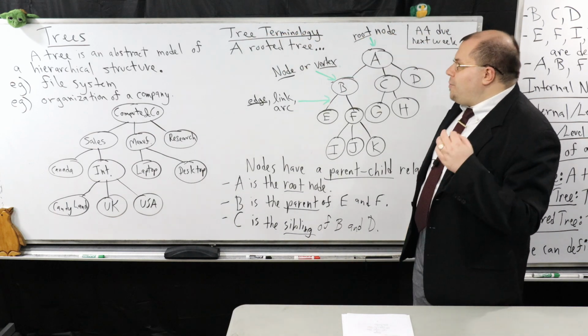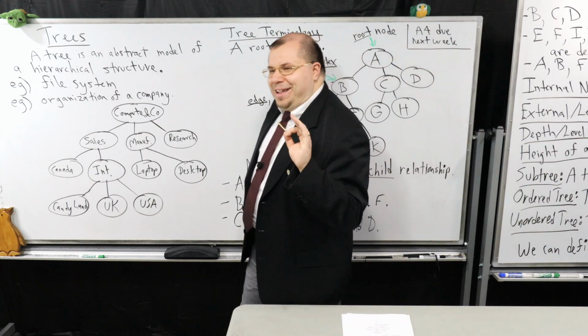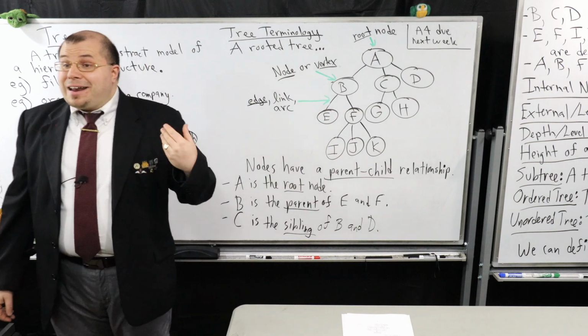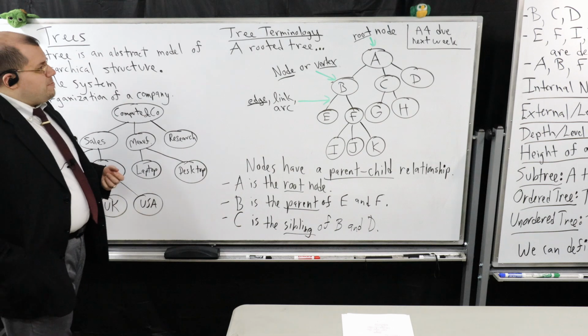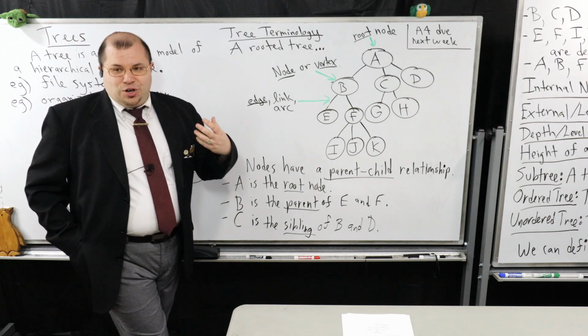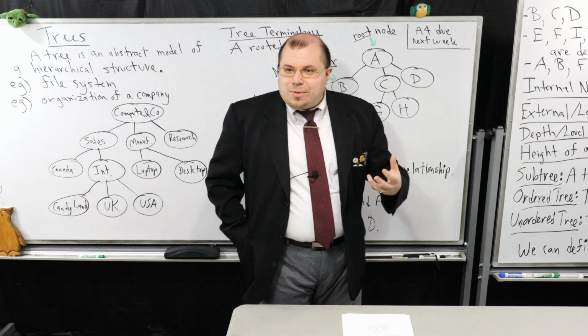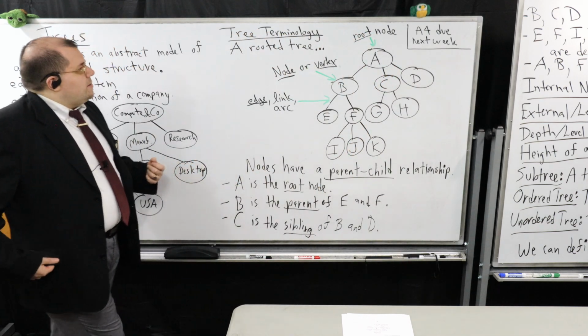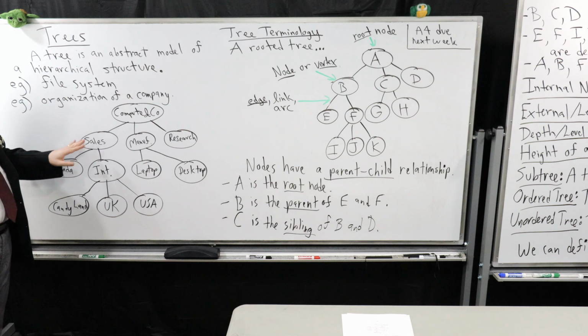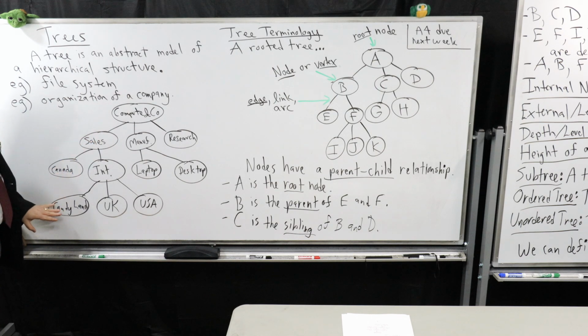So I want to talk about what it means to talk about a tree. That means I'm going to have to talk about some terminology that trees have. So just keep that in mind, as there's going to be a whole bunch of terminology I'm going to lay on you. We're going to have a bit of fun with this to try to figure out what each of these things mean, okay? So you might think of a tree like something a little complex like this is an organization, for example.